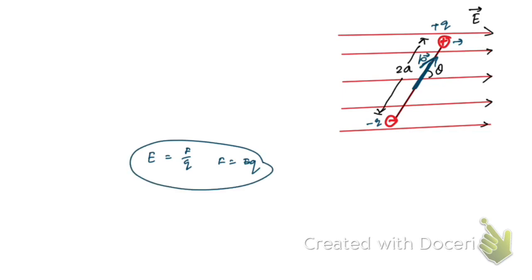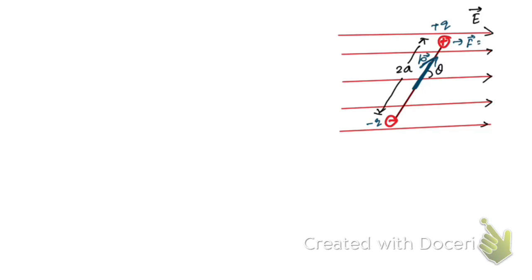So the force acting on this positive Q charge will be equal to QE, acting along the direction of the electric field. The force on the negative charge, on this minus Q charge, is in the direction opposite to the electric field. So here F is equal to minus QE.